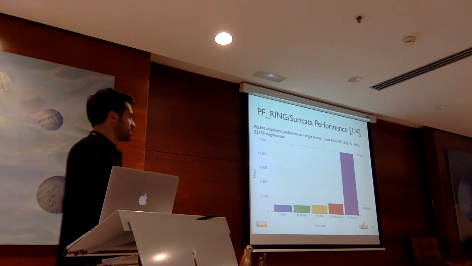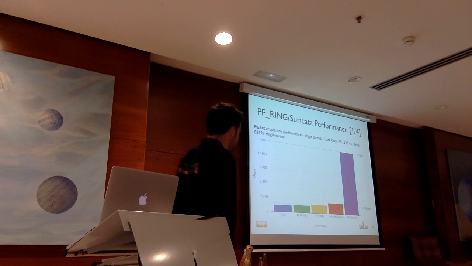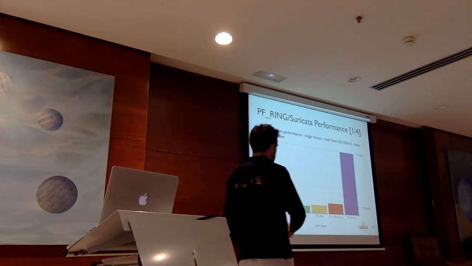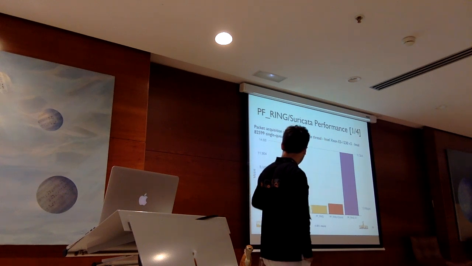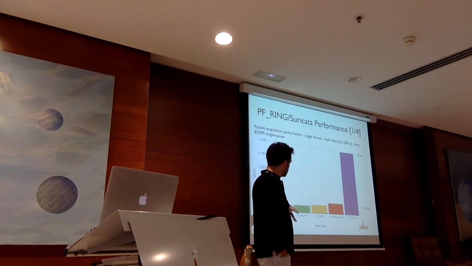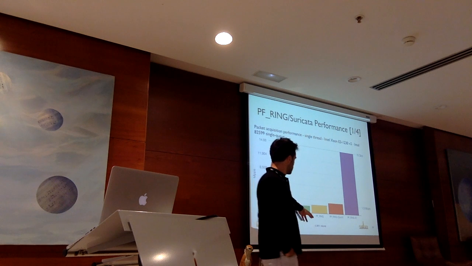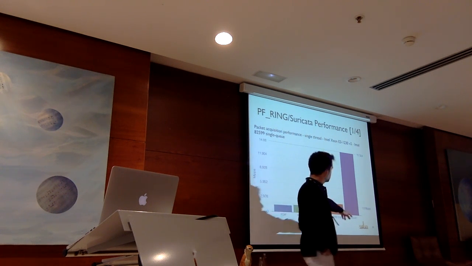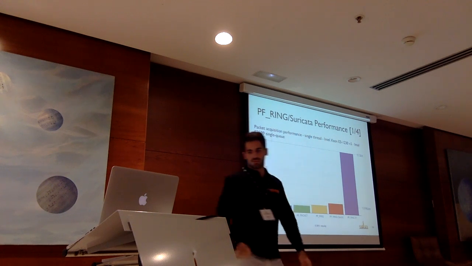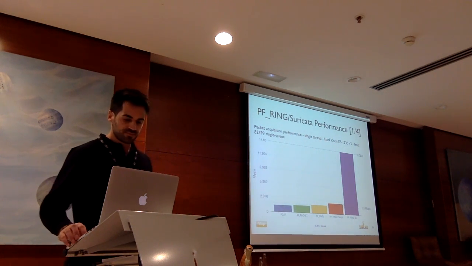Then we wanted to compare the PF-ring module with other modules based on the same hardware configuration. So we ran a few tests with the pcap module, the AF_PACKET module, and the PF-ring module, both in zero configuration, in quick mode, and using the Intel ZC driver.